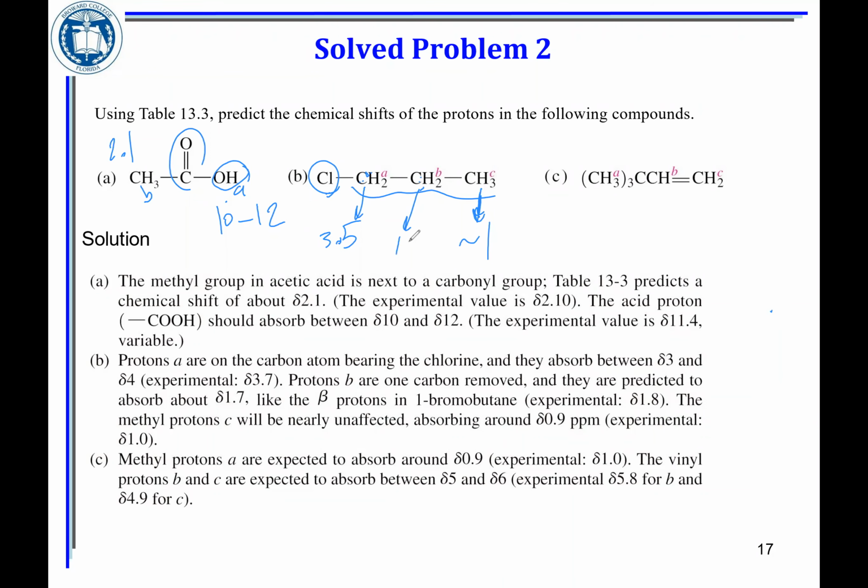So this can go from 1.3 or 1.2 to 1.5, but this one is directly affected and is going to go to 3.5. And the CH3 is too far away from the Cl and is not going to be affected by it. It usually goes by 3 bonds. So a 4th bond is not going to count. So this would be around 1.